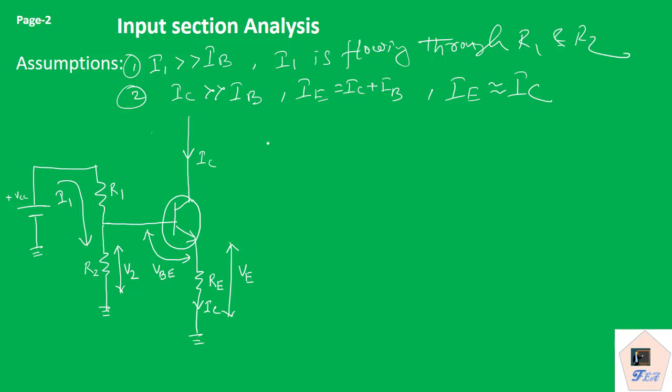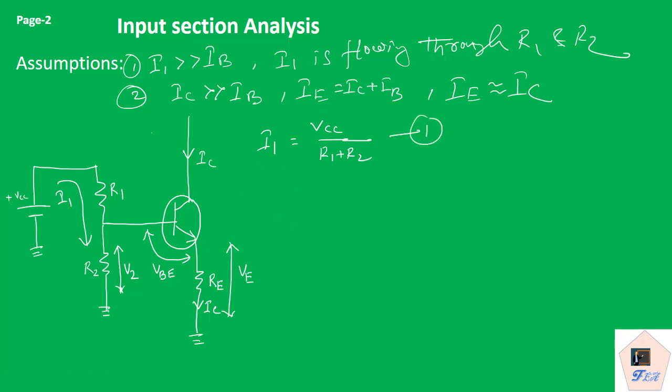So we can say that I1 is VCC divided by R1 plus R2. This is the voltage across the entire R1 and R2 resistors, so voltage divided by total resistance gives us the current I1.